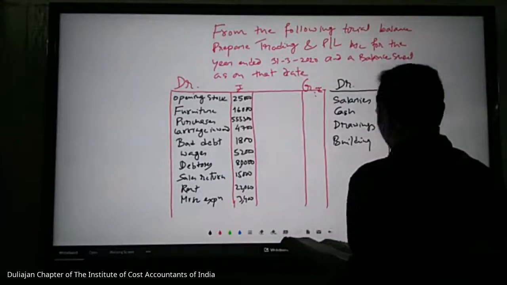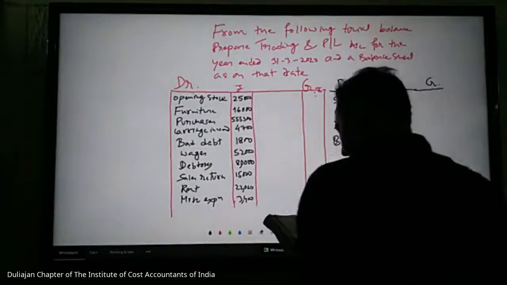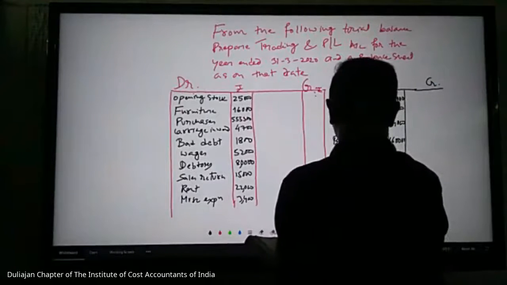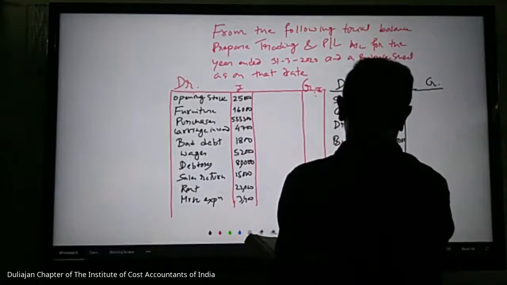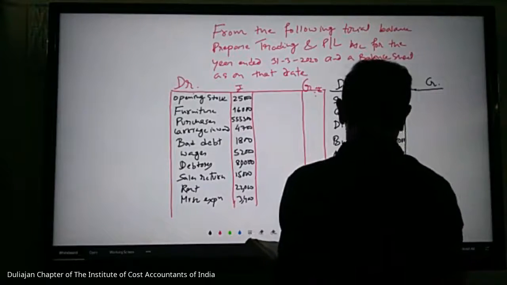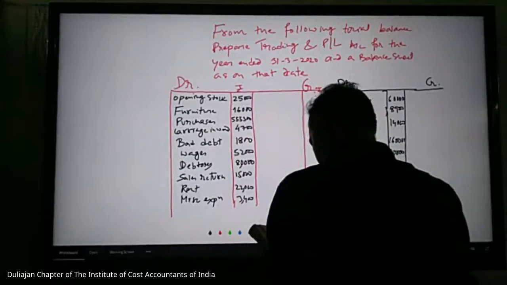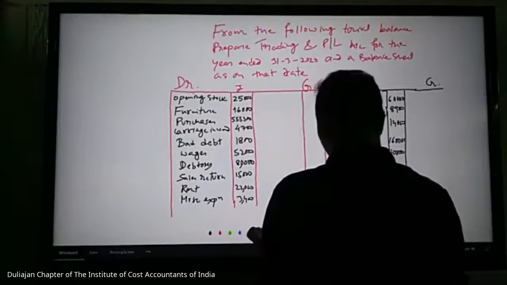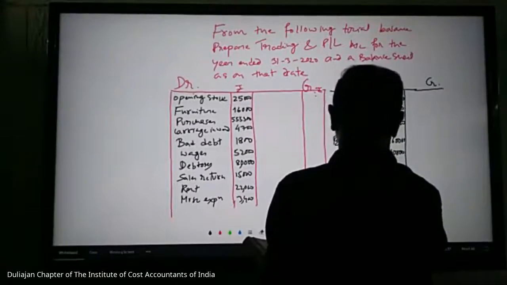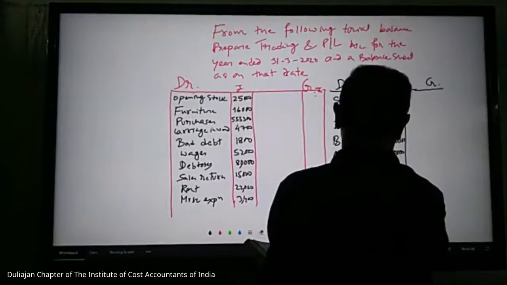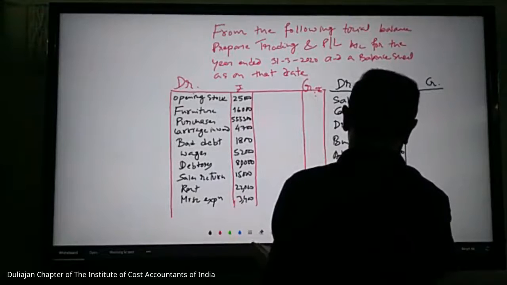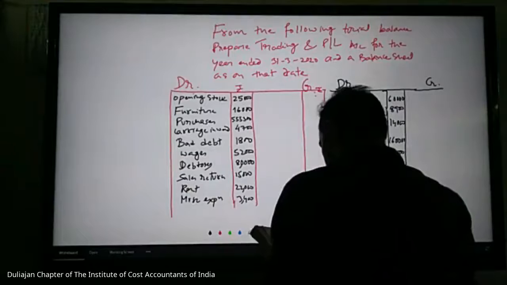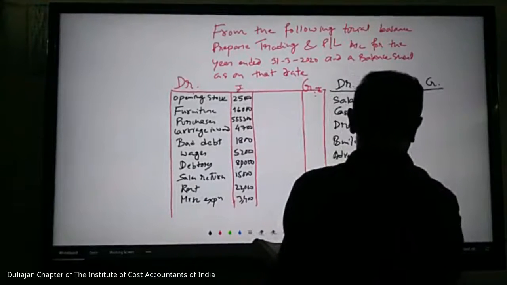Advertising 10,000. Interest on bank overdraft 4,500.